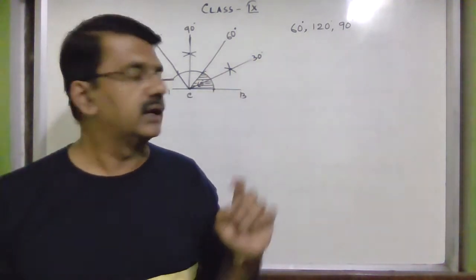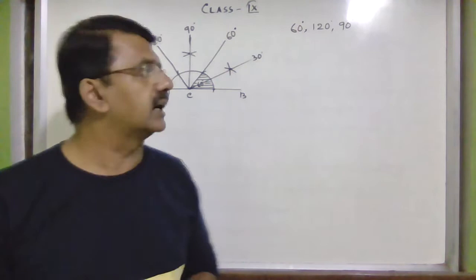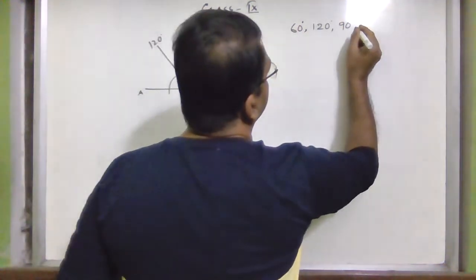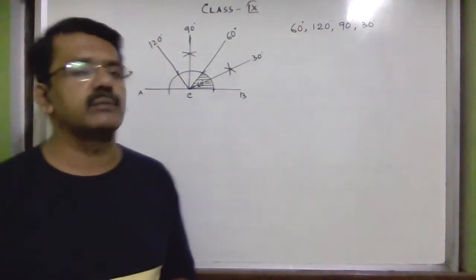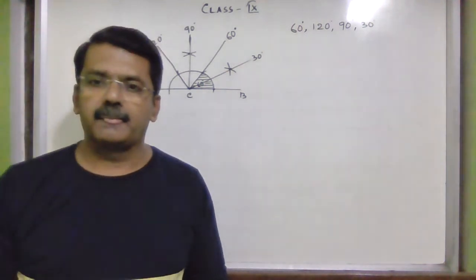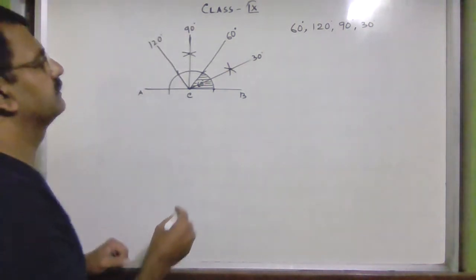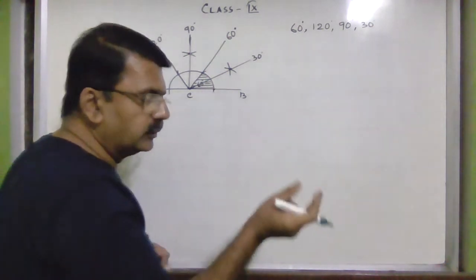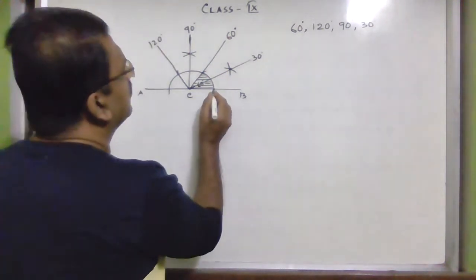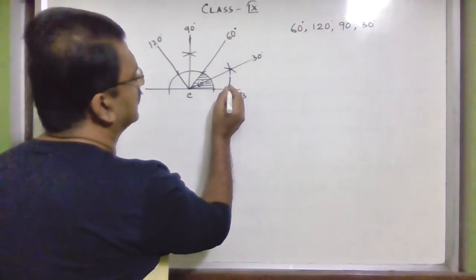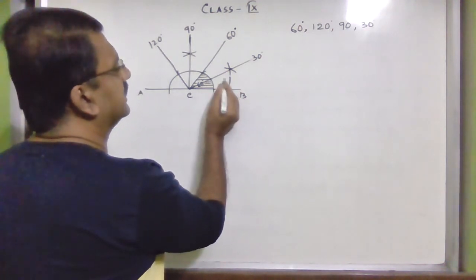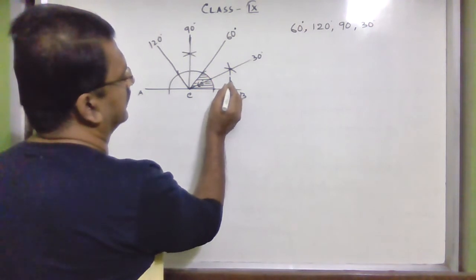We have drawn angle 30 also. So you can see in the same diagram I have told you about 60, 120, 90 and 30 degrees. Now what happens with a new radius or with the same radius? With this point as the center you draw an arc here, and with this point as the center you draw another arc here.